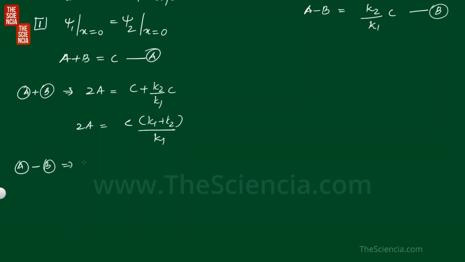So I will get 2b is equal to c minus k2 by k1 into c. Therefore, 2b is equal to c into (k1 minus k2) by k1. That is, a is equal to c (k1 plus k2) by 2k1 and b is equal to c into (k1 minus k2) by 2k1.